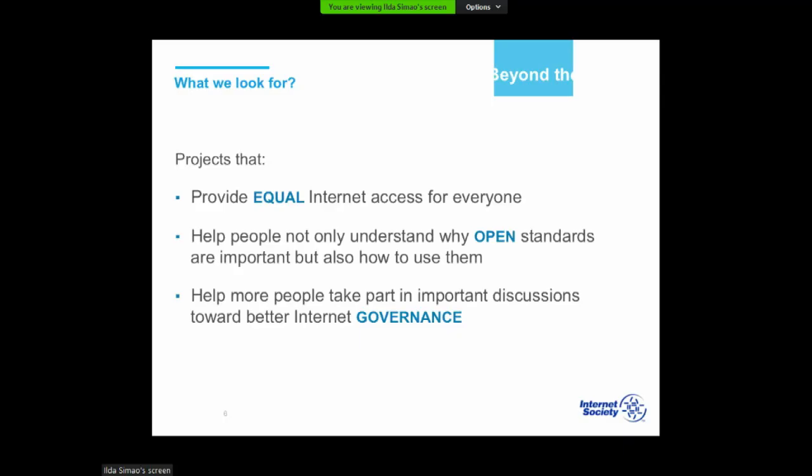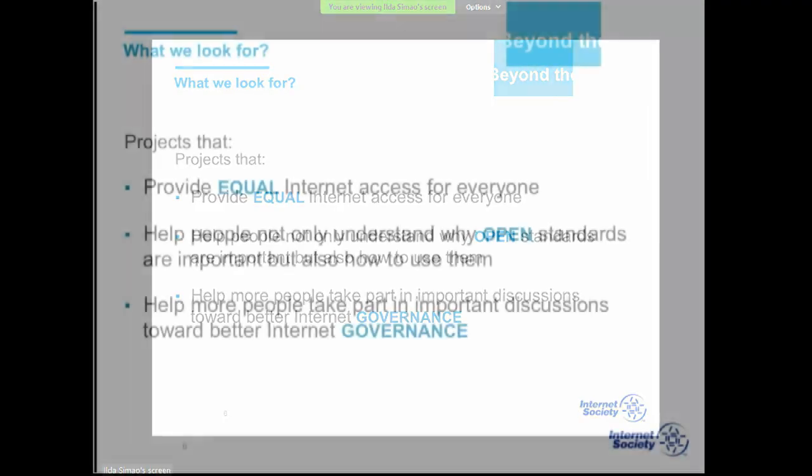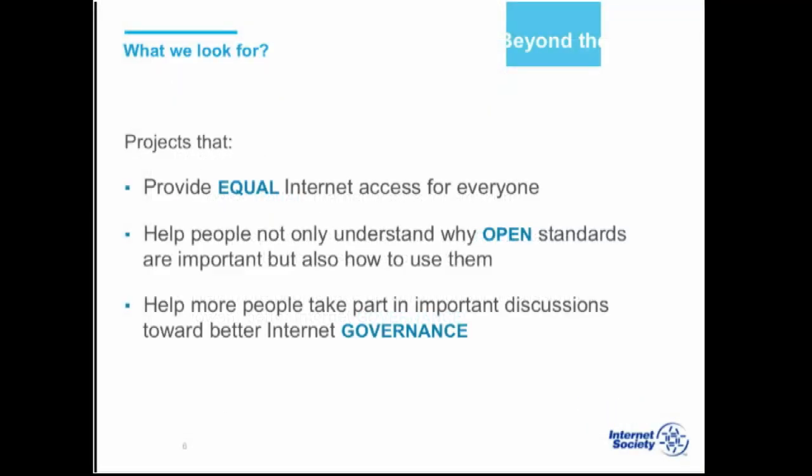So what do we look for? We look for projects that provide equal internet access to everyone. You know that this is our mission, internet accessible to everyone. There's still lots to be done, as Sahid was just saying in the beginning of this session.